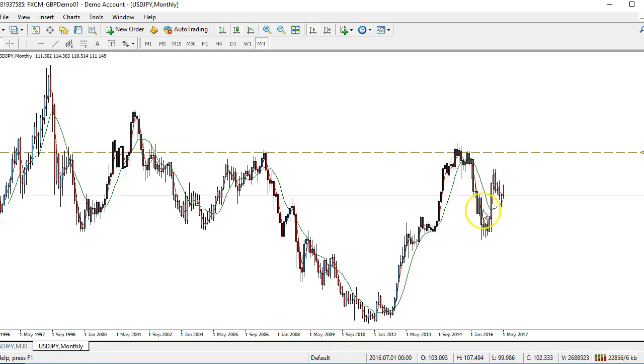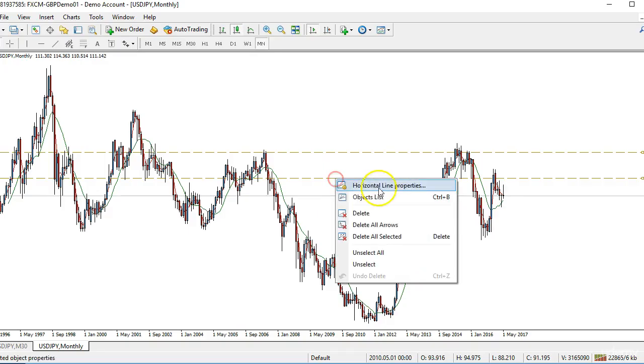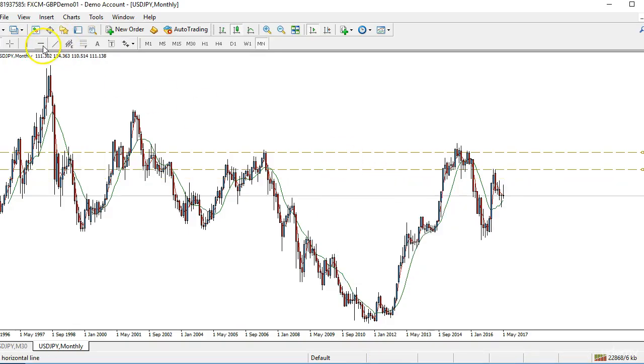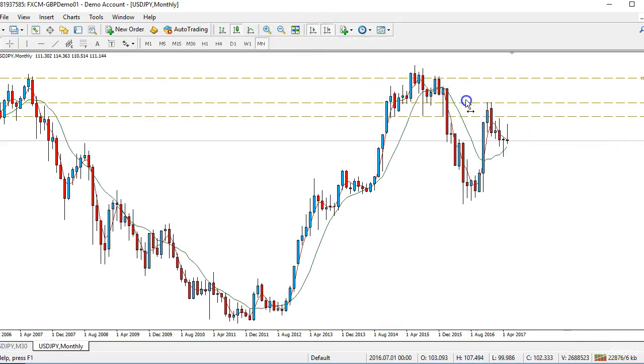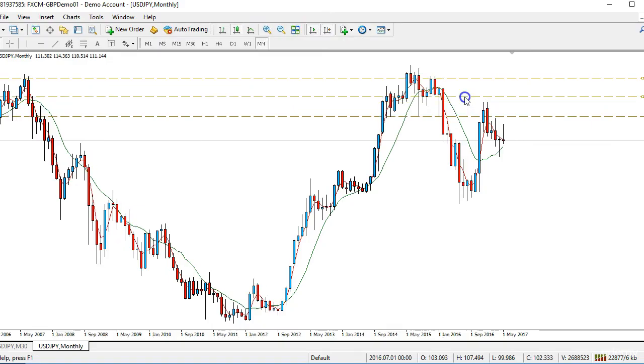Dropped down significantly, and now price has pulled back and hit another level of monthly resistance. Okay, so if I just enlarge this a bit, you can see that what we've got here is what is known as a resistance zone, because this is where candles are closing and where they're spiking down to.